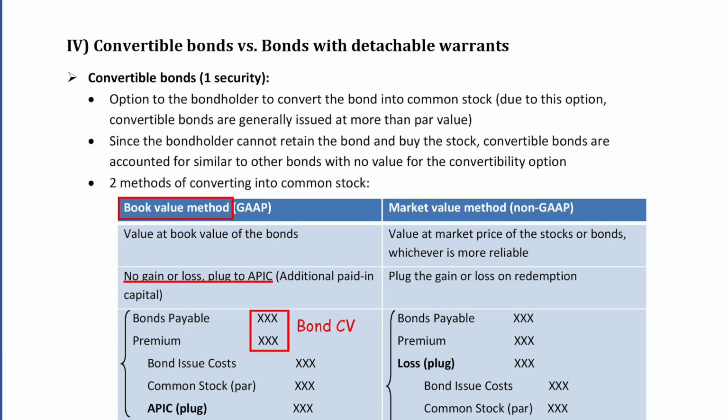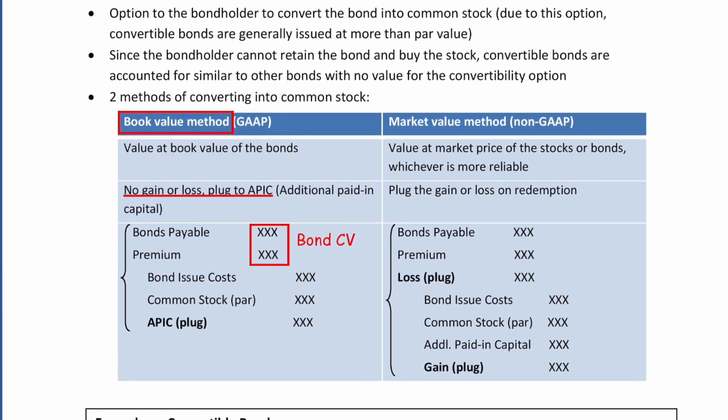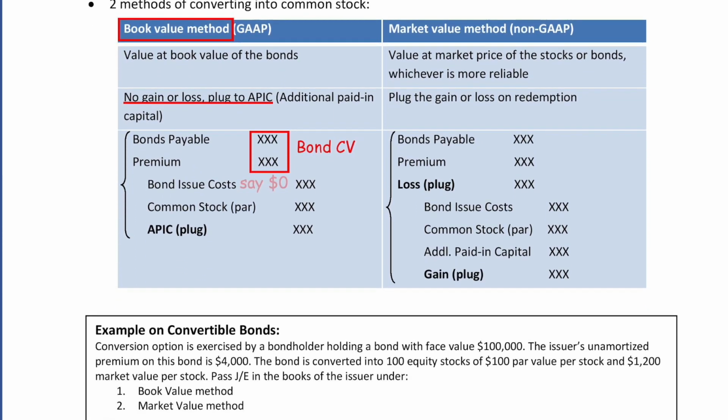For bond issue costs, let's say it's 0, so write say $0. We're issuing common stock, so put a box for common stock in APIC and draw an arrow from bond carrying value. So the bond carrying value equals common stock plus APIC.